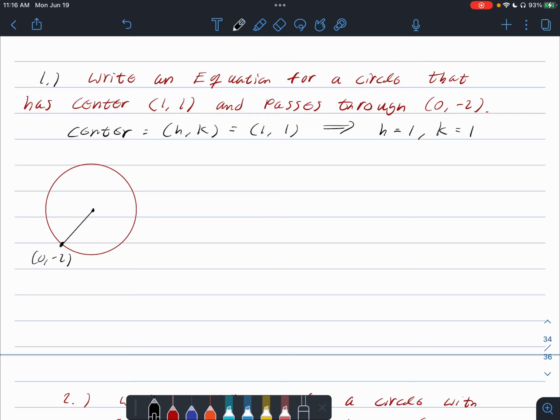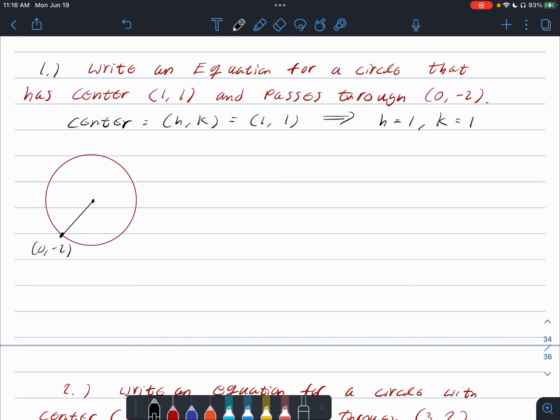Well, in a previous video, we talked about how to find the distance between 2 points. Okay, and if we recall, our distance formula is equal to the square root of (x2 - x1)^2 + (y2 - y1)^2.